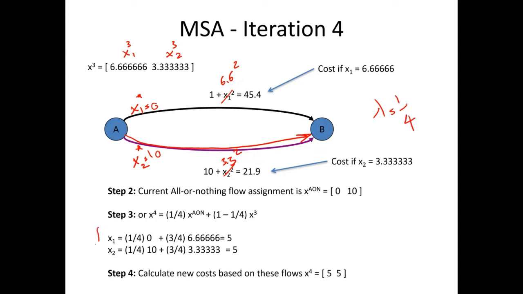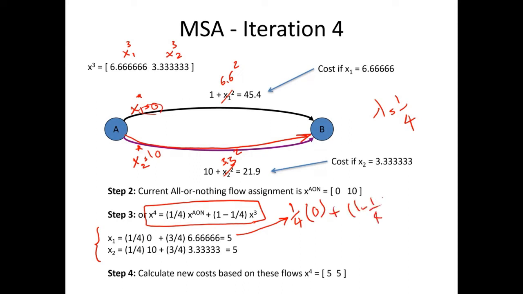So again, if we use the MSA formula, for example, have a look at this one: 1 over 4 multiplied by the x star of 1. What is x star of 1? 0. Plus 1 minus 1 over 4 multiplied by the x1 from the previous iteration, which was 6.6.